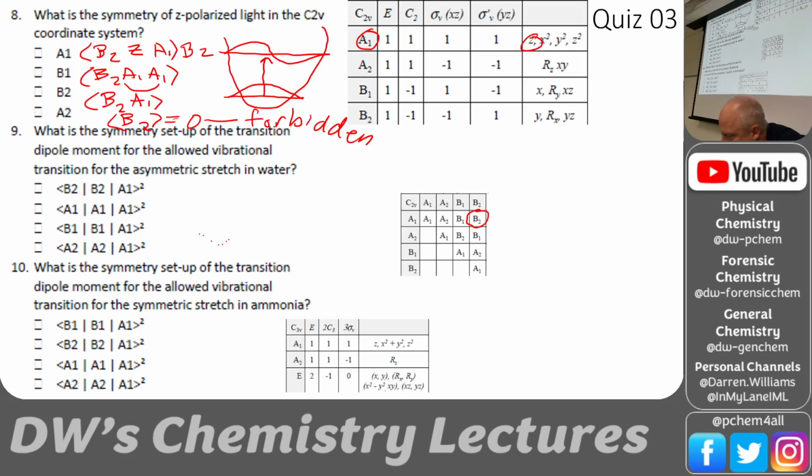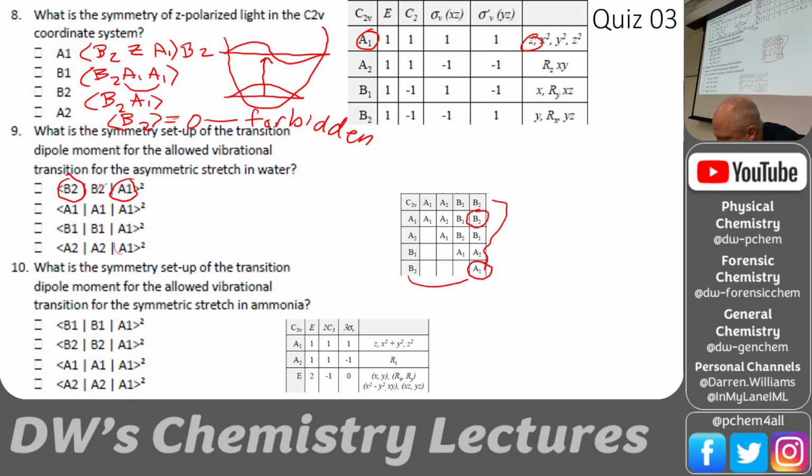So I know it has to be an A1 over here, and I know the asymmetric stretch in water has to be B2. Okay, so A1 is on the right, B2 is on the left, but what has to go in the middle has to sort of multiply by B2 and give me A1. So B2 times B2, anything times itself gives A1.